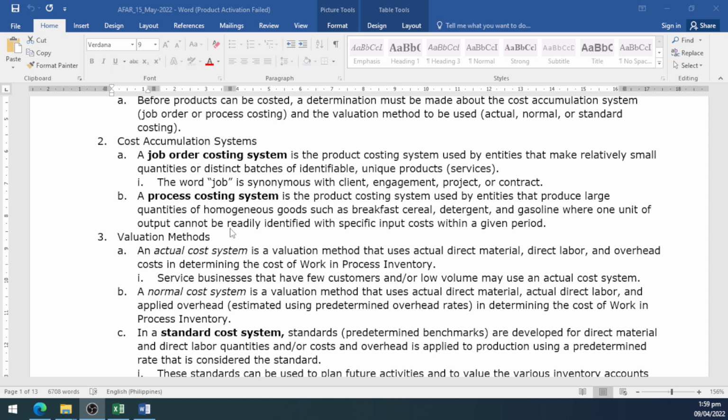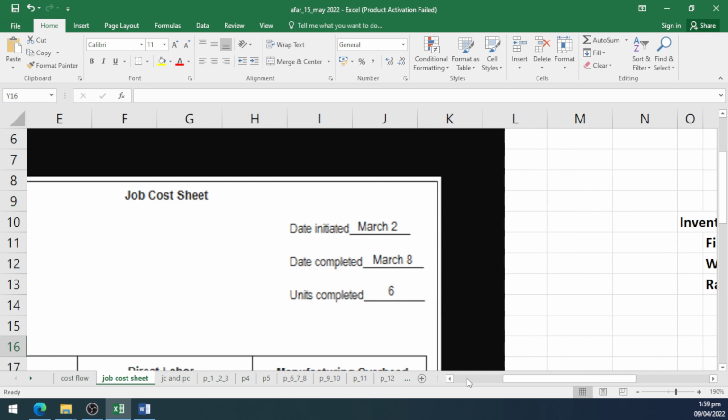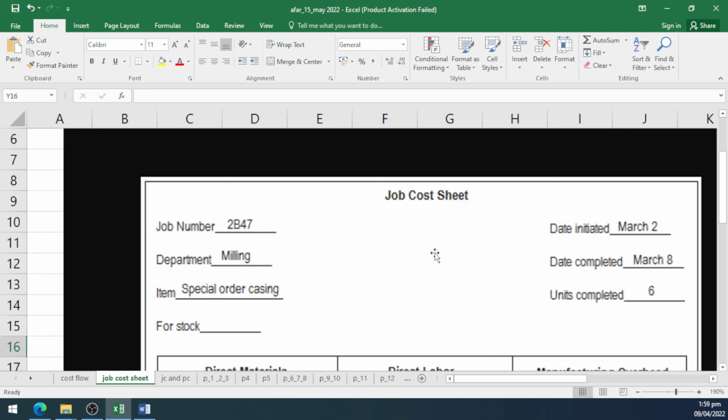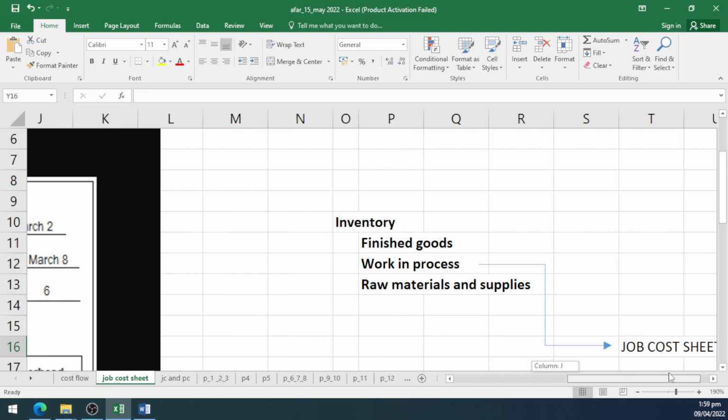And as a facility to accumulate the cost of each job, the document to be used is the job cost sheet. So, here is an example of a job cost sheet. And then this job cost sheet will serve as subsidiary ledger.